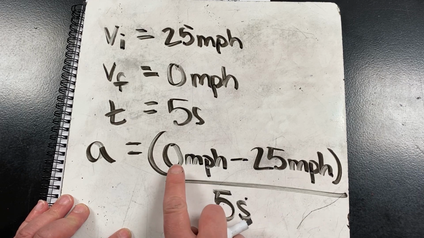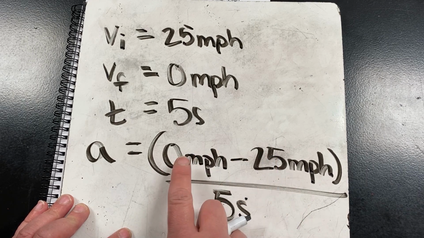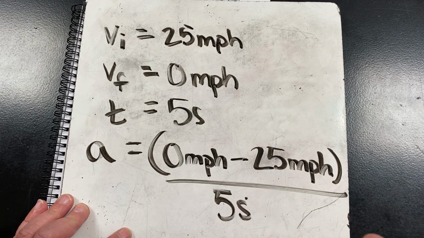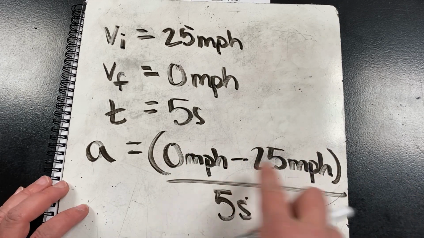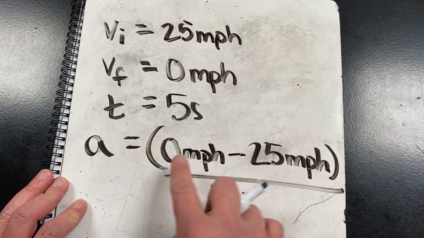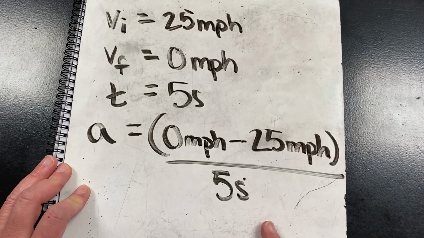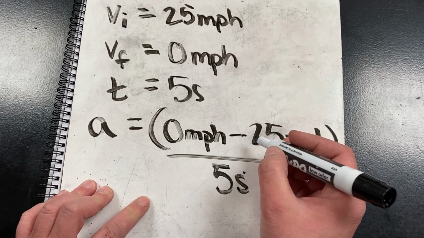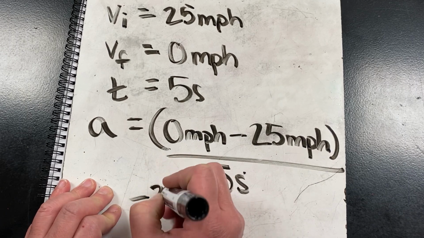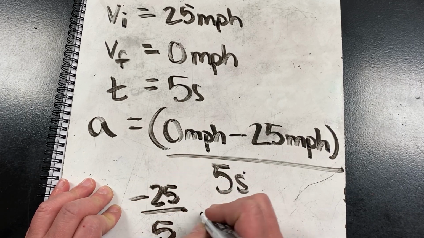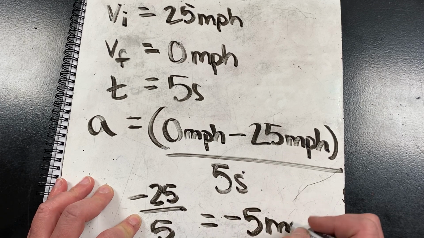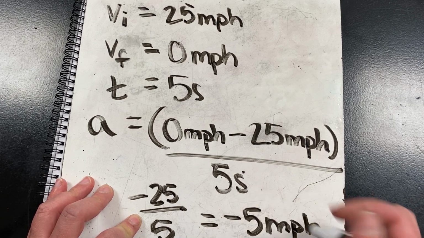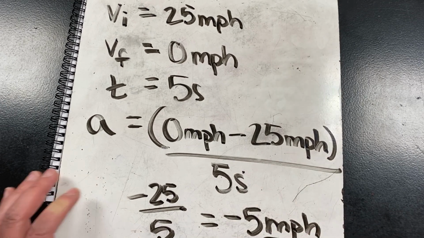It does get a little trickier when you have both numbers, so you need to make sure that you're putting them in the proper order. So negative 25 divided by 5 is going to give me negative 5 miles per hour, and we're dividing by seconds per second.